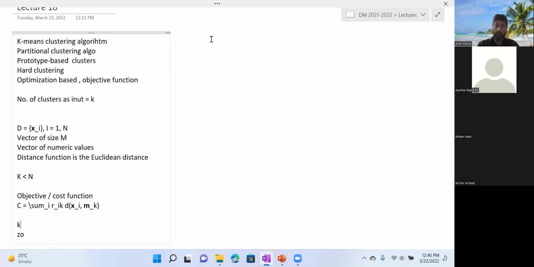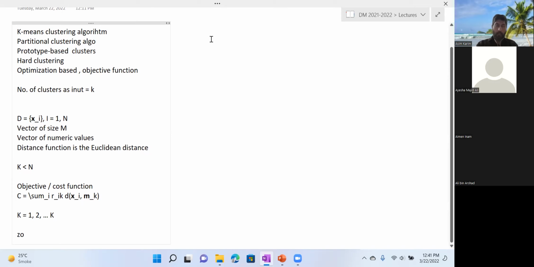K is the number of clusters, or is the cluster ID, and of course this goes from 1 to capital K, which is the desired number of clusters. So I'm writing the desired number of clusters as capital K, and this small k is the index. Above, maybe I wrote that as small, but correct that. So the desired number of clusters is capital K, just like the total number of objects is capital N.